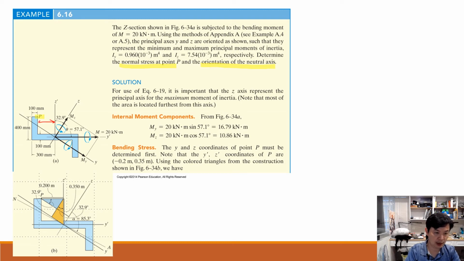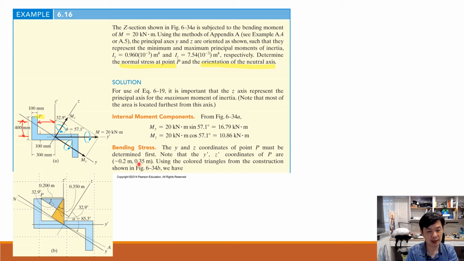This distance will be along the x-axis in the minus direction, so it's minus 0.2 meter, and the height will be 350 millimeter or 0.35 meter.